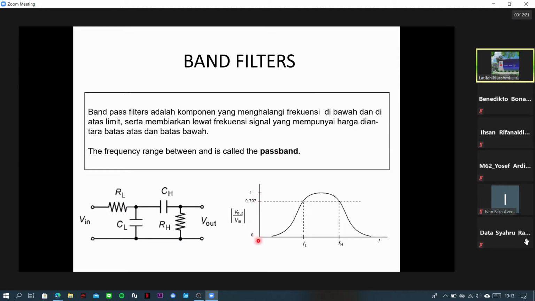In the graph on the right side, there is a signal, in terms of the voltage ratio, going up like a normal distribution. If you remember from statistics, it is almost the same as a normal distribution, but a bit different.